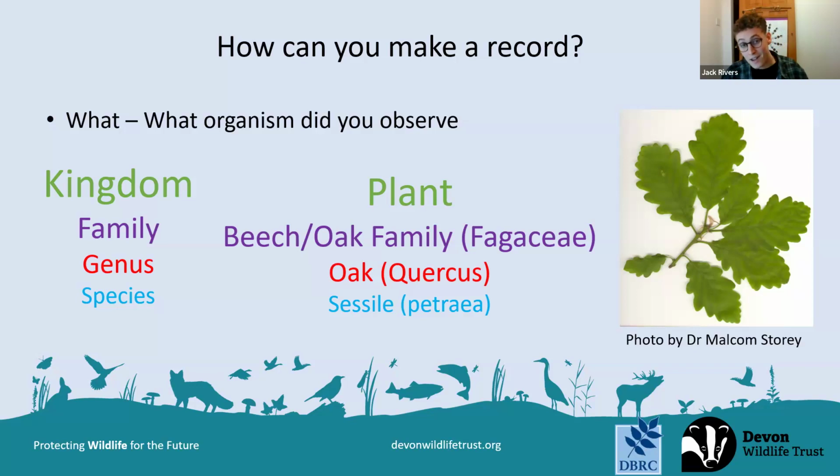And even if you're not that confident, you could then look at other categories. So you might describe it as a broadleaf tree or a conifer tree. And these all provide value, with the more accurate having more value, but still, if you can get some sort of description, that's really useful. So ultimately, the more you observe and record, the better you will be at determining differences between species.